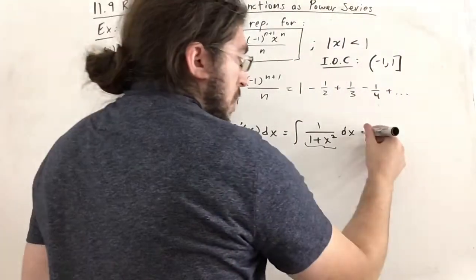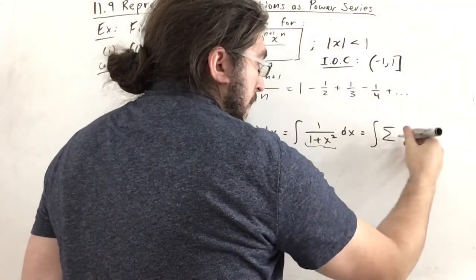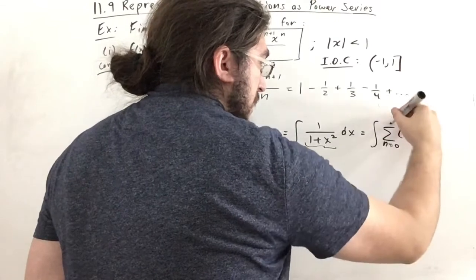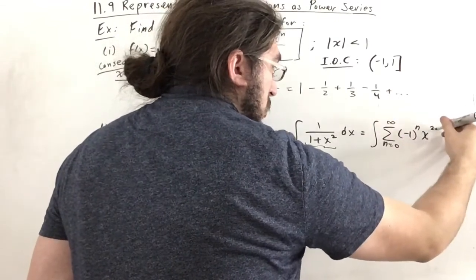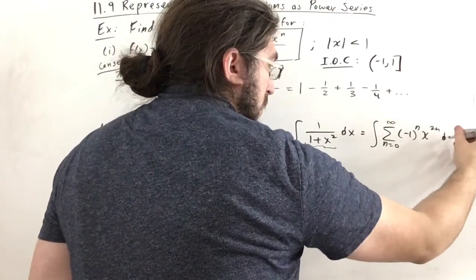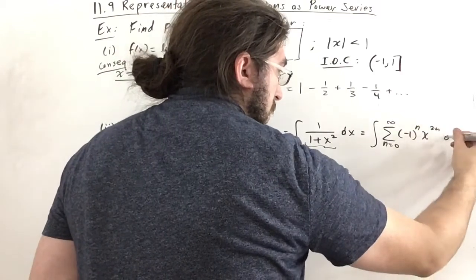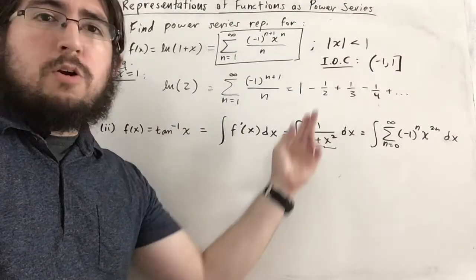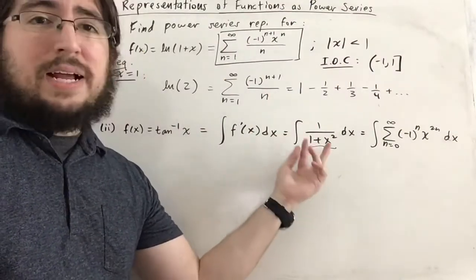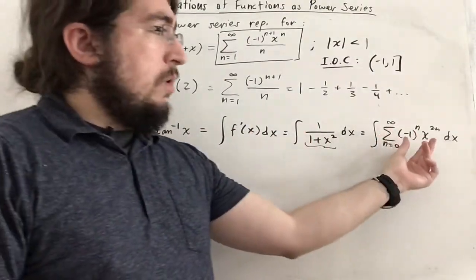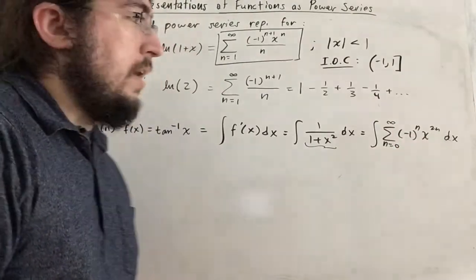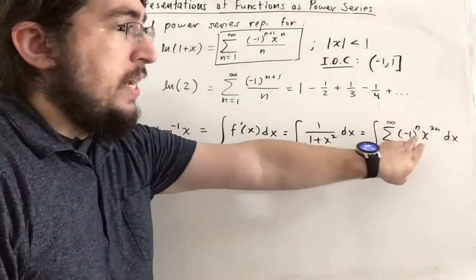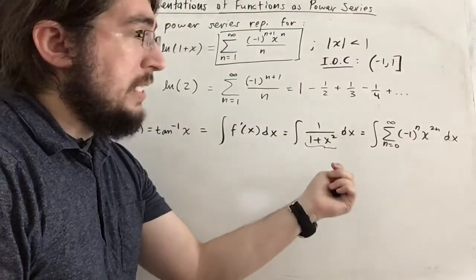This is just the sum from n equals 0 to infinity of negative 1 to the n, x to the 2n. And then we still have the dx part. Now that I don't think is too hard to see right away because it's really 1 over 1 minus negative x squared. So it's negative x squared to the n, which amounts to this if you simplify a bit. But now to anti-derive each term, remember we can ignore the negative 1 to the n because it's a constant with respect to x.